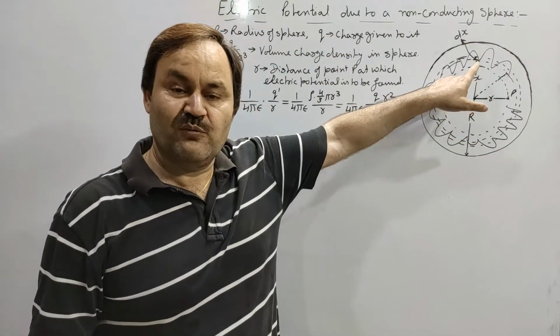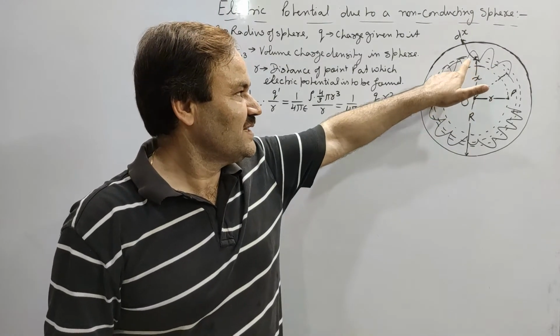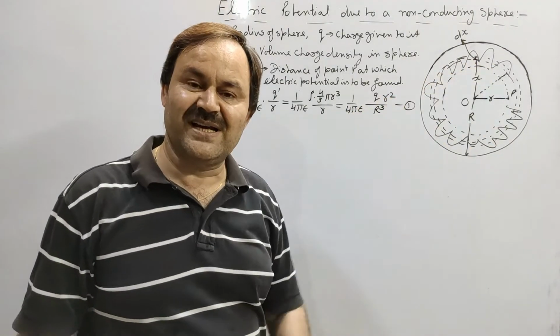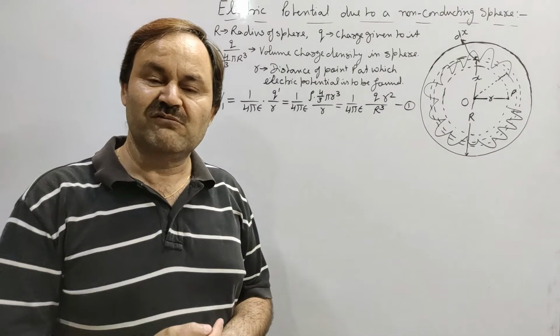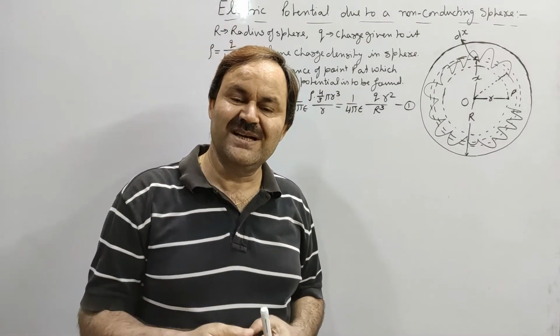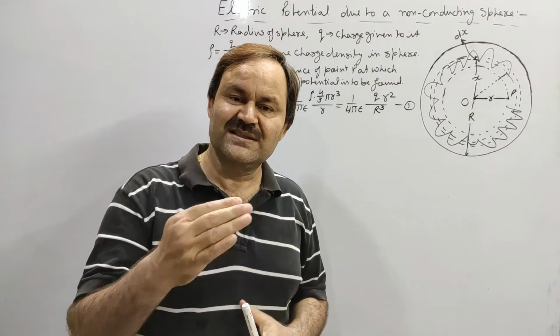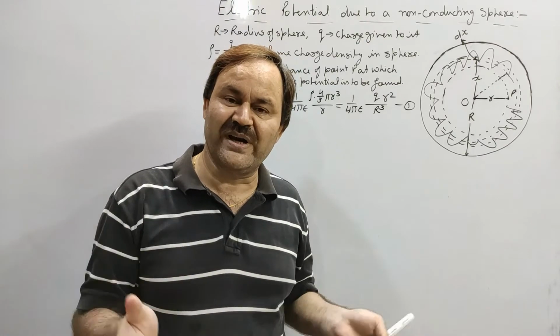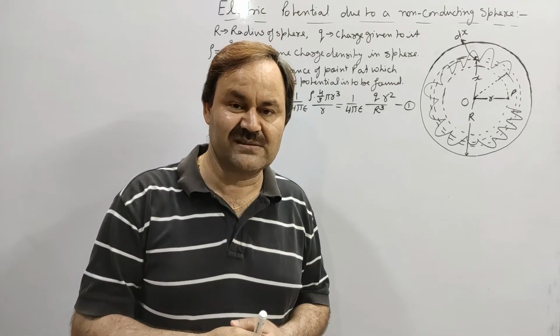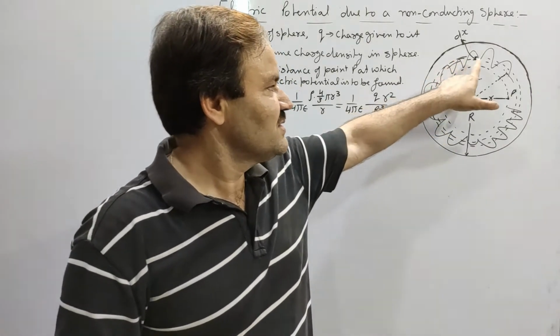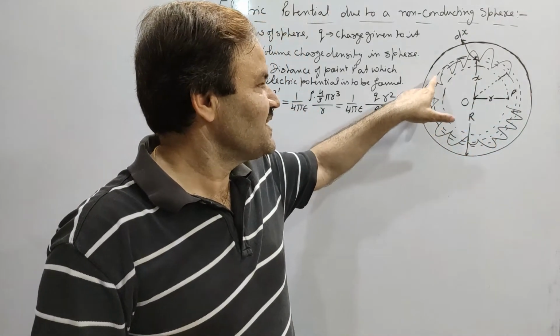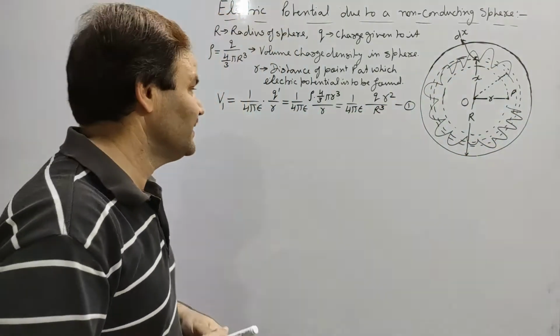So first we will find out the electric potential due to this shell, and in case of a shell we know whatever is the potential at the surface of the shell, the same will be the potential at any point lying within it. So first we will calculate the charge possessed by this shell.